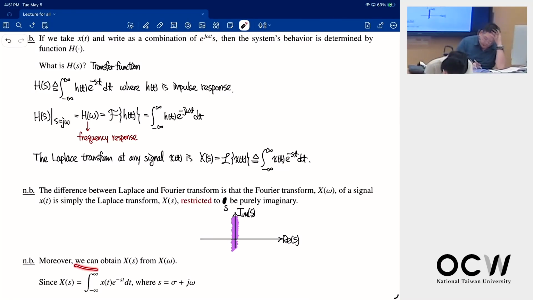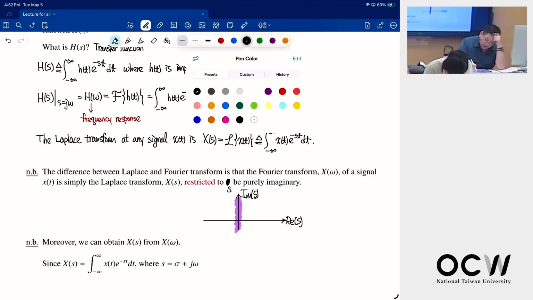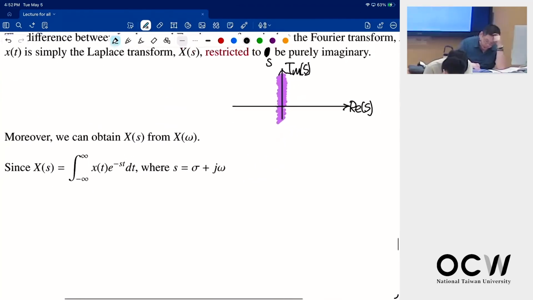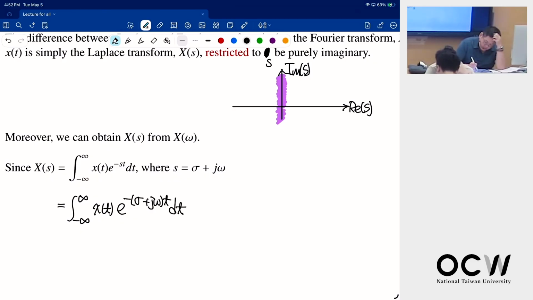We can also obtain the Laplace transform from the Fourier transform, because here is the Laplace transform, for s equal to sigma plus j omega. If we plug in sigma plus j omega, we get the integral of x of t e to the minus (sigma plus j omega) t dt.